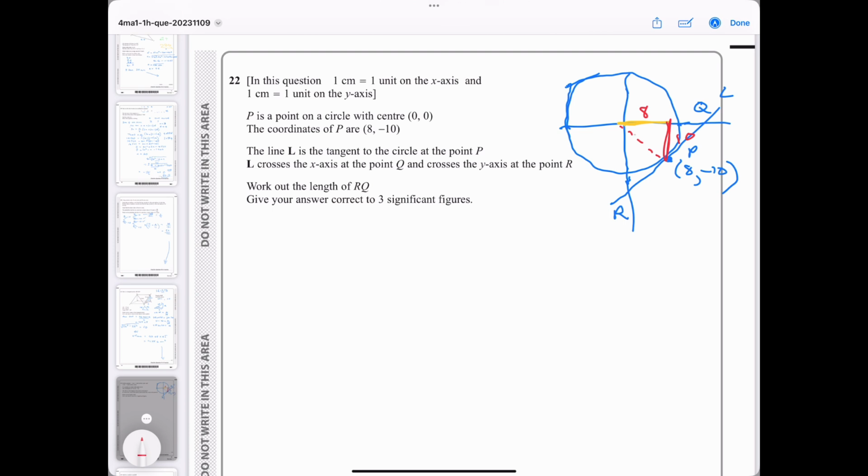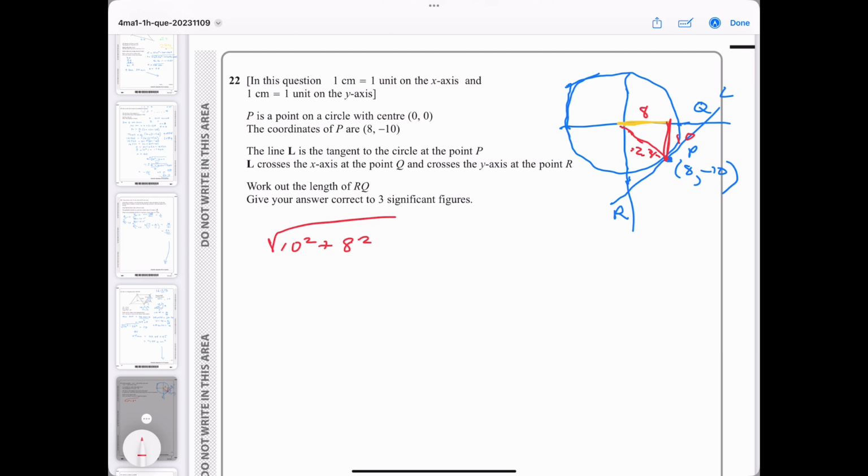So let's find out how long the hypotenuse is of that. So it's 10 squared plus 8 squared, square rooted, which is 164. So the square root of 164 equals 12.8. I don't know if that's that helpful.